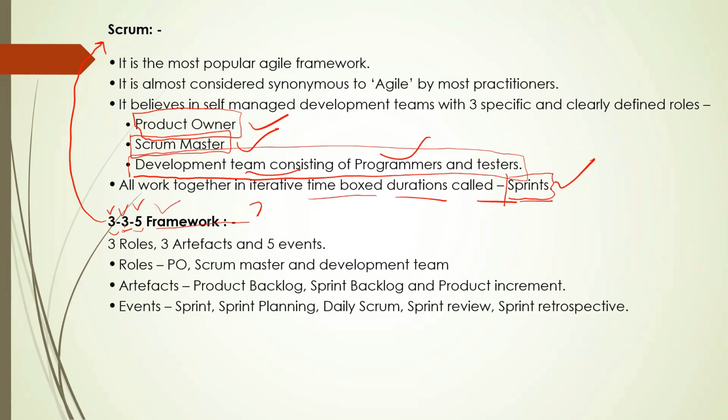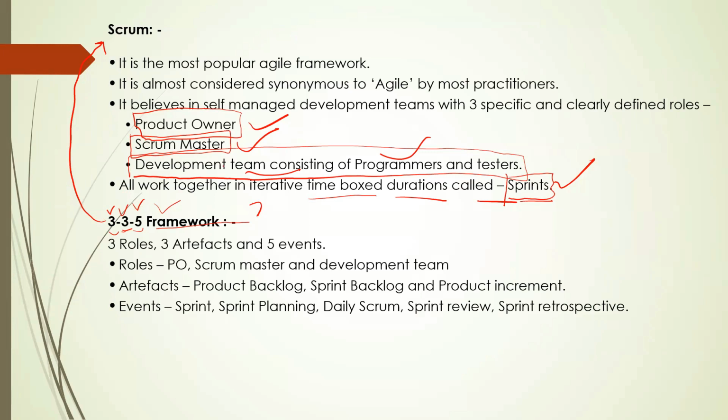If someone tells you that I'm working as a Scrum Master, so I'm working in a Scrum methodology, and at that same time, if one of your friends says that, hey, I'm working on 3-3-5 framework, both people's aim is the same concept because they are both following the Scrum methodology, or we can say the Agile methodology.